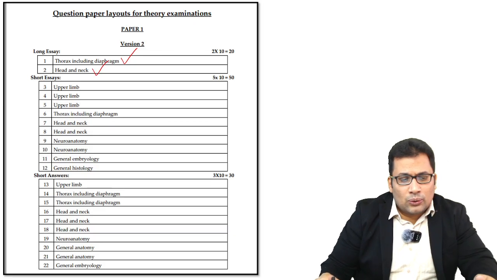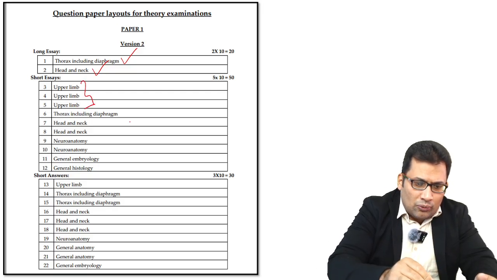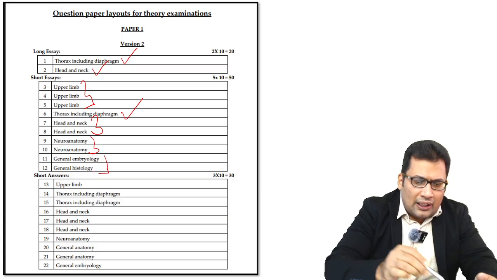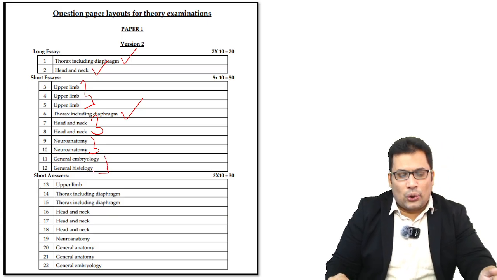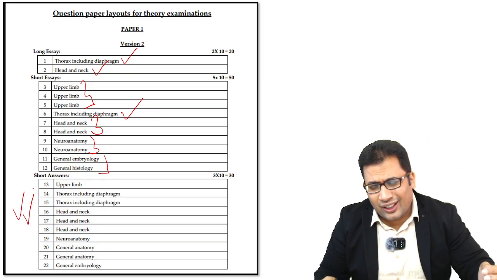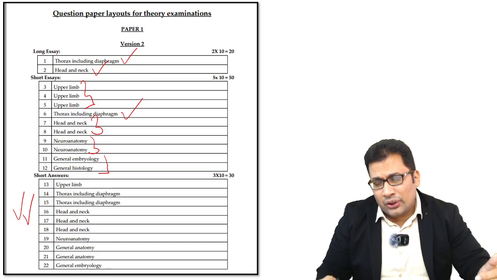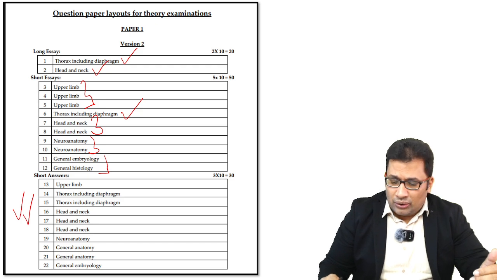Then again short essays: 3 from the upper limb and 1 from the thorax, 2 from the head and neck, 9 and 10 from neuroanatomy, and 11 and 12 general embryology and histology. So this is almost the same. Again, there is no rigid rule actually, but this is what you should understand about version 1 and version 2.